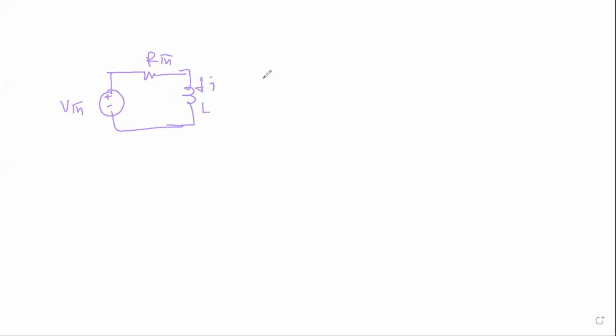We have seen that the relationship can be derived as: di divided by dt plus RTH divided by L into I is equal to VTH divided by L. Wasn't it the equation?